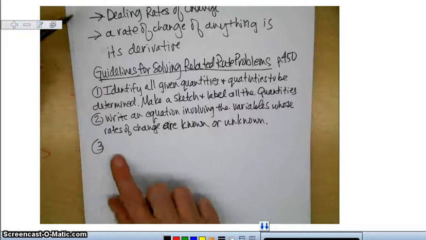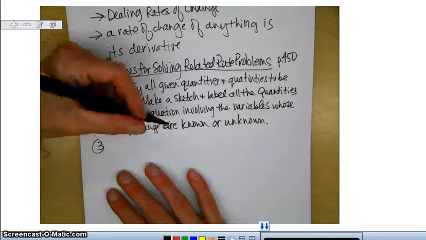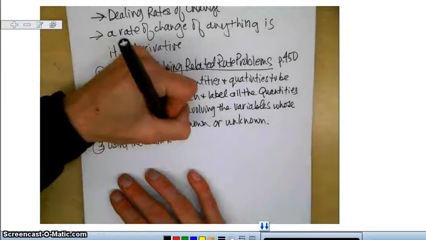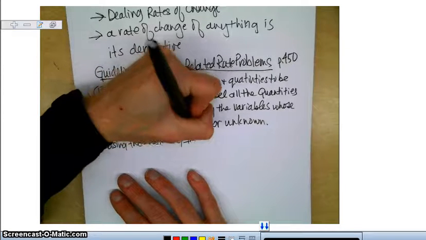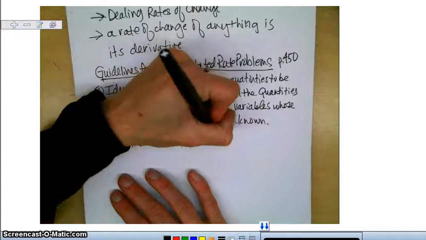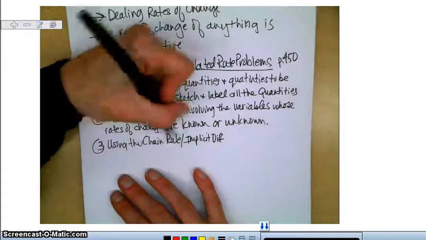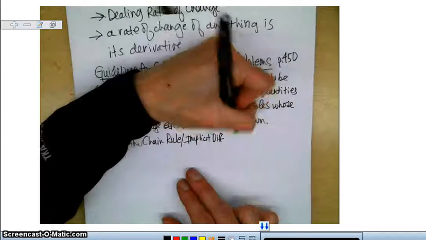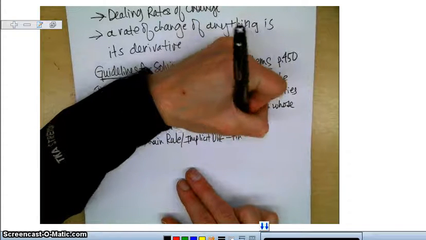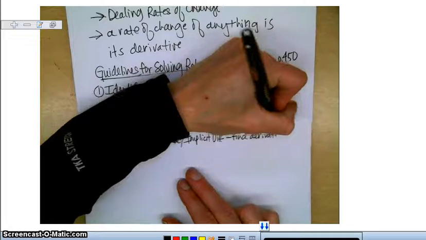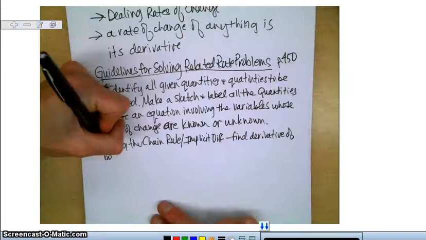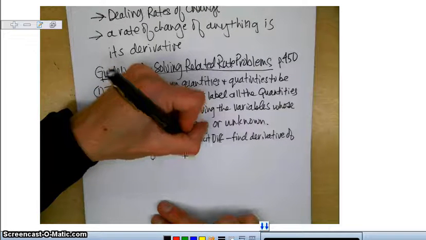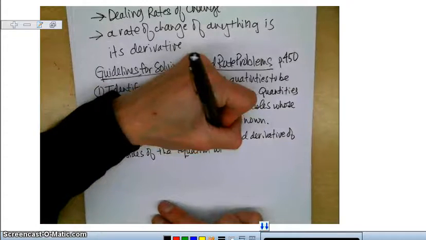So, step 3, using the chain rule and implicit differentiation, find the derivative of both sides of the equation with respect to time.